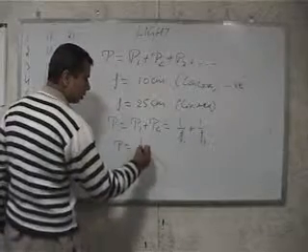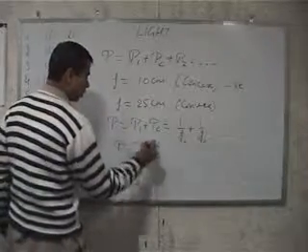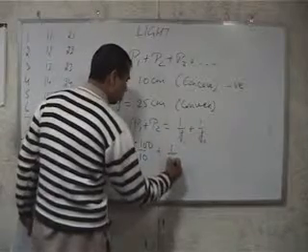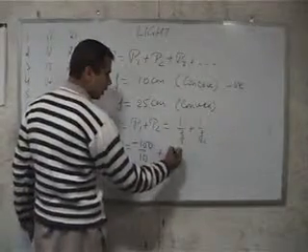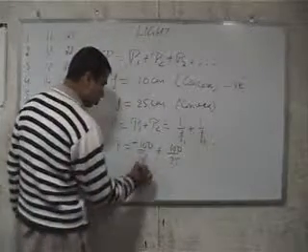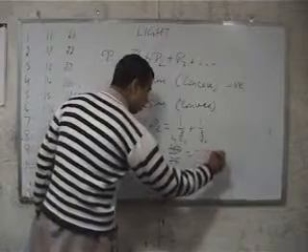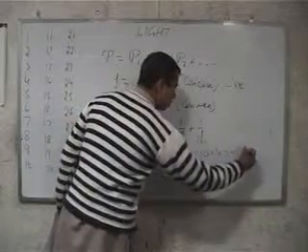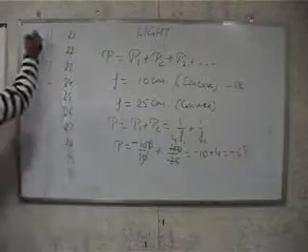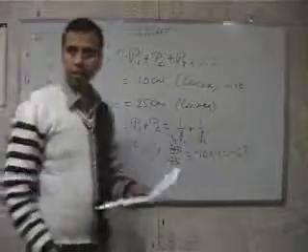If we express it in meters, it will be 100 in the numerator with a negative sign plus 1 upon 25. Again this is in centimeters. To convert it into meters, divide by 100. So this comes out to be minus 10 plus 4, which is minus 6 diopters. Therefore, the correct option for the first question is B, which is minus 6 diopters.